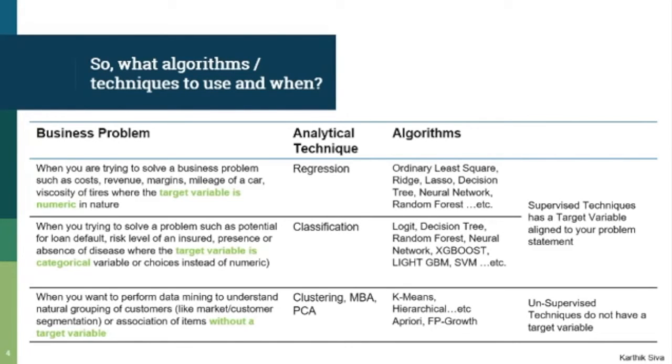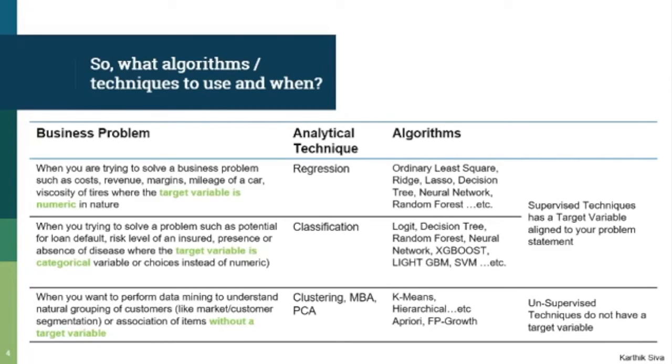A second scenario is that instead of a continuous numeric value, your target variable is a choice, a set of categorical values. For example, whether an employee will quit or stay, where you have only two choices. Whether somebody is suffering from a serious disease or is all right.